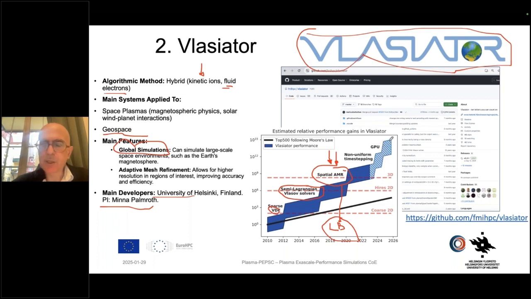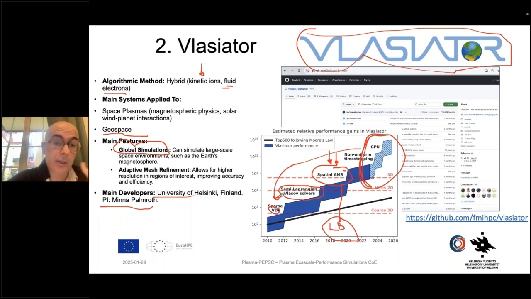The other major advancement that we are working on in Plasma-PEPSC is really the GPU part. There's quite a lot of work on handling GPUs. The GPU work in this case is mostly related to how to deal with the VDF, how to have a specific data layout on the GPU that is still high performance.